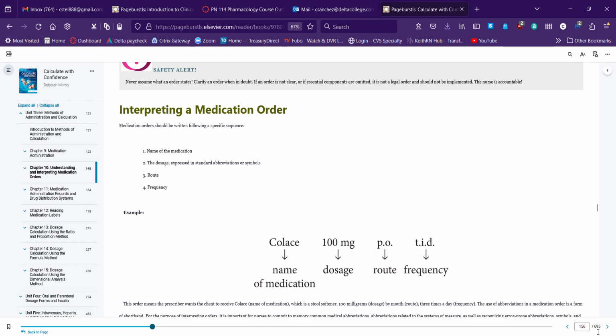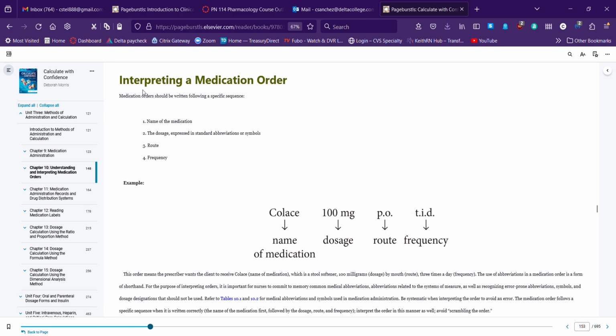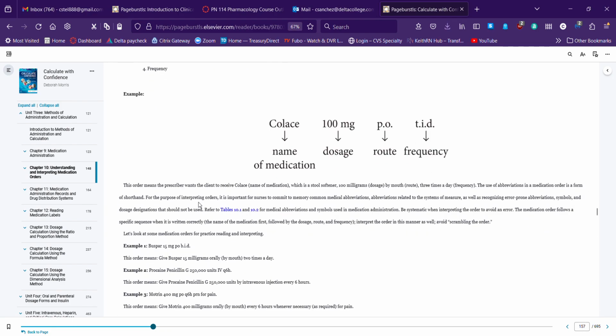So if we're looking down at the bottom of page 156, it says interpreting a medication order. So you're going to have the name of the medication. You're going to have the dosage, 100 milligrams. You're going to have the route, PO, and the TID, which is the frequency. And if you've learned your abbreviations, that TID means 3 times a day.